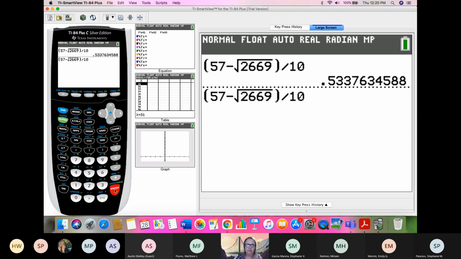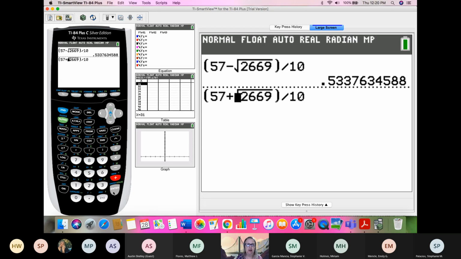And what I can do is use this left arrow key to move back over this subtraction sign and then just change that to an addition sign by clicking on plus.